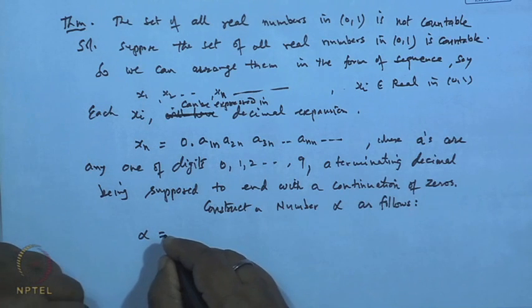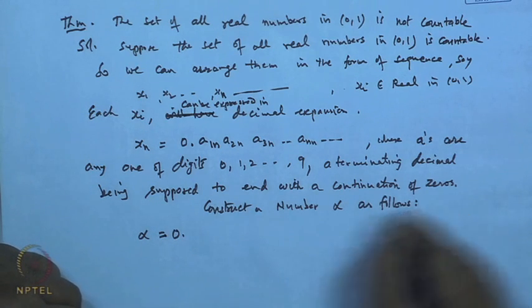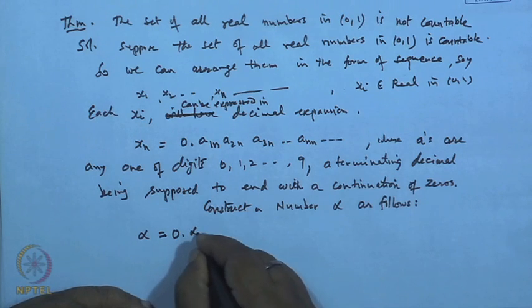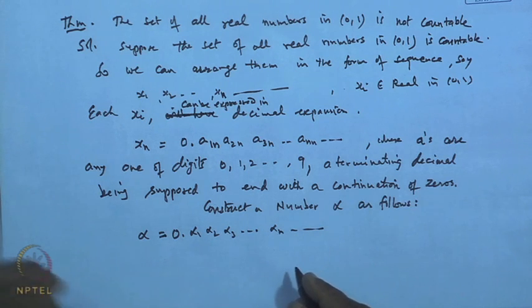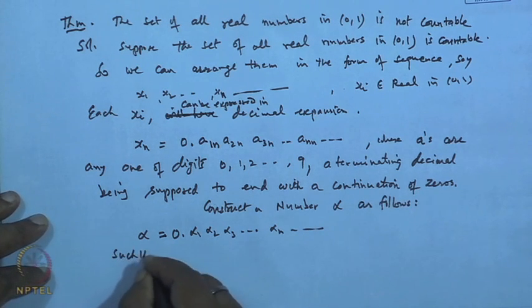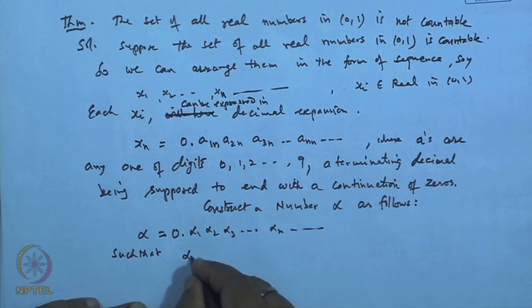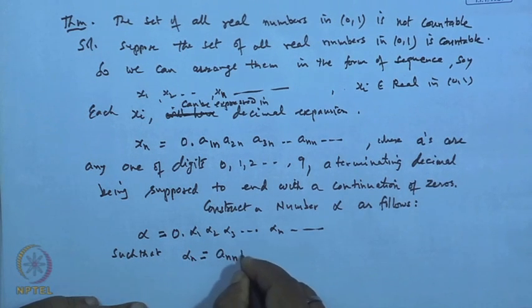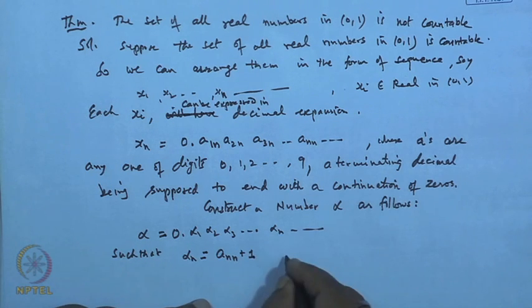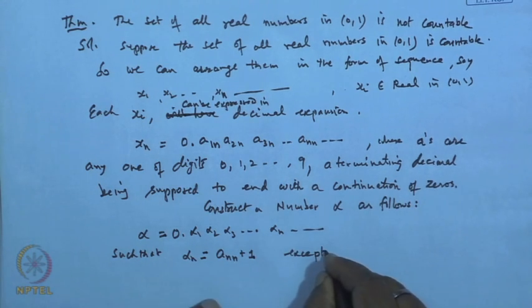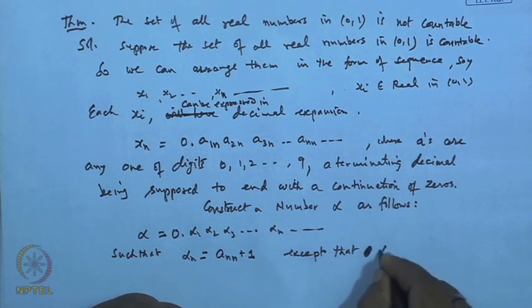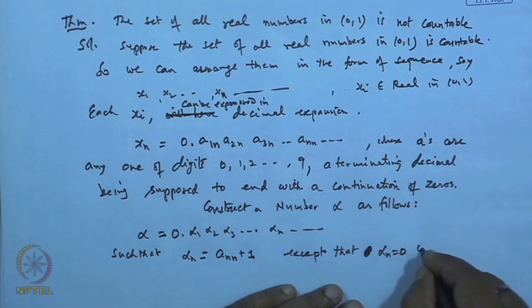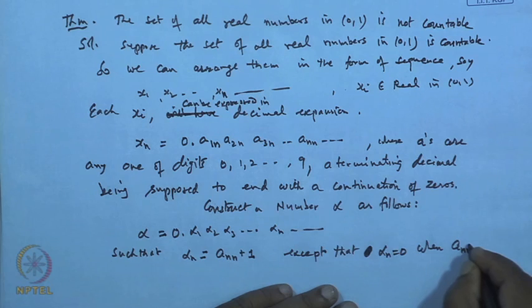The decimal expansion of alpha is 0.alpha 1 alpha 2 alpha 3 ... alpha n and so on, such that alpha n is a n n plus 1, except that alpha n is 0 when a n n is either 8 or 9.